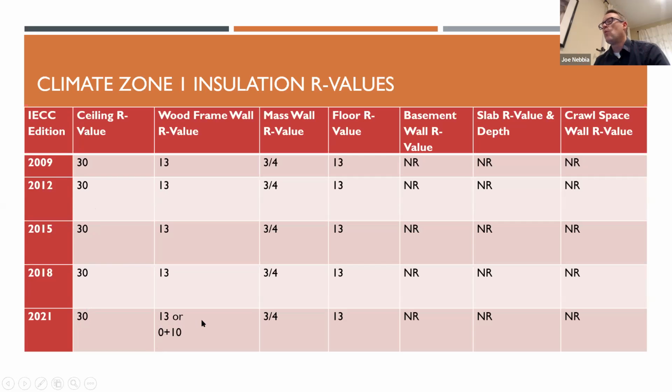In wood framed wall, the only change has been to add an option. Now, climate zone 1, which again is Southern Florida, you don't see a lot of wood framed walls. You see a lot of block construction. But if somebody was doing a framed wall in Florida, they would have to have an R13. It's very common that it fits in a 2x4 wall. And again, that's a labeled R value amount.